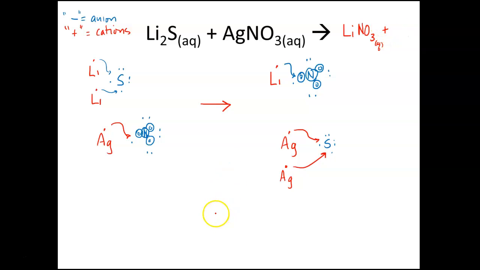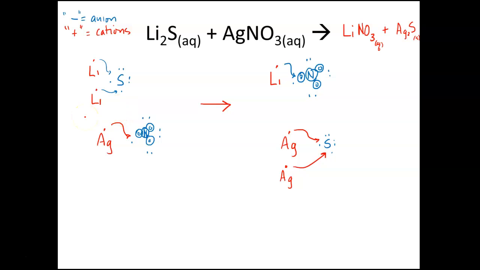Now let's take a look at silver and sulfur. It looks like I need to have 2 silvers for every 1 sulfur, and this one here I believe is a solid.